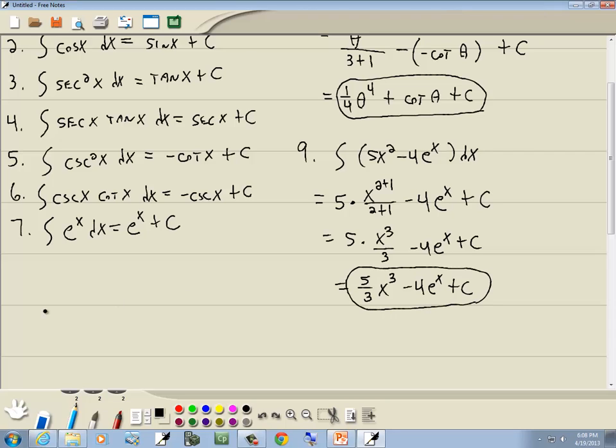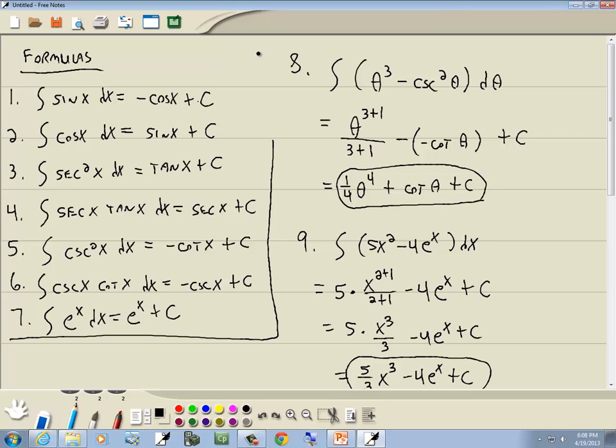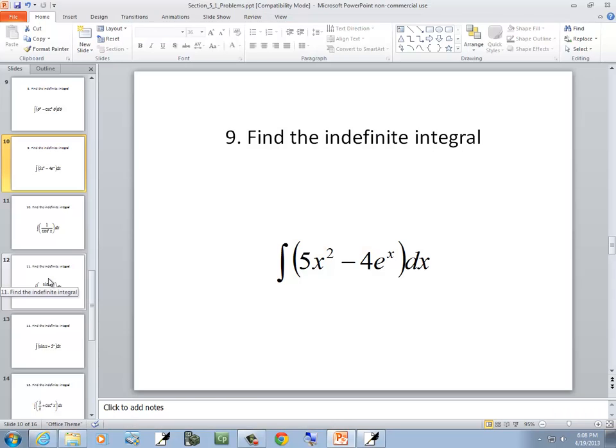And that's our answer. Probably shouldn't have labeled these that way. I don't want to mix them up with my actual problem numbers. There. Okay, let's look at our next problem.